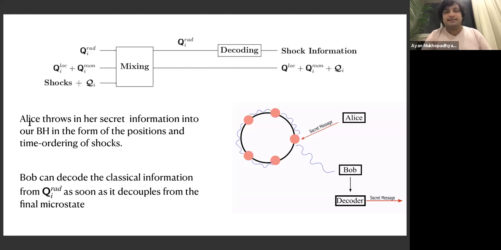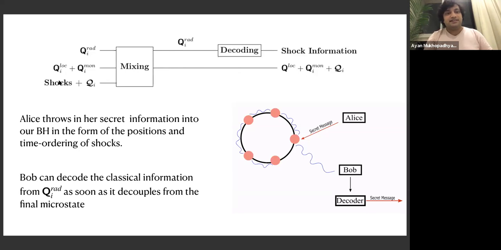So what she does is that she encodes the information into shocks, and she shocks her model, and essentially all the information is encoded in terms of the time ordering and where the shocks go. This is classical information, of course. At this level, it's still classical.